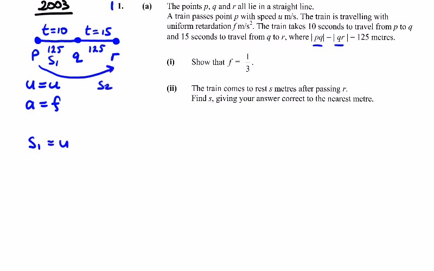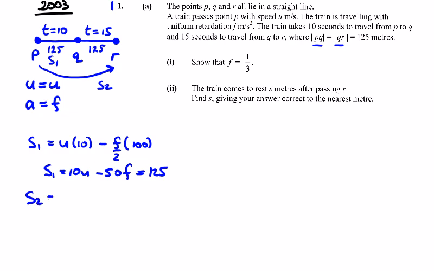S1 is equal to ut plus a half at squared, plus F over 2 by t squared, which is 100. It's slowing down, so I'm going to put F in as a minus. So we get S1 is equal to 10u minus 50F, and S1 is 125.